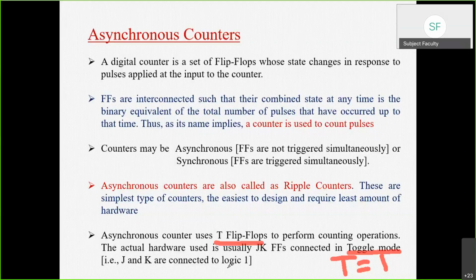You should remember this point throughout the discussion of the counter: we are using the T flip-flop as a counter, but in toggle mode, which means T should always be kept high. So these are a few important points of the asynchronous counters.